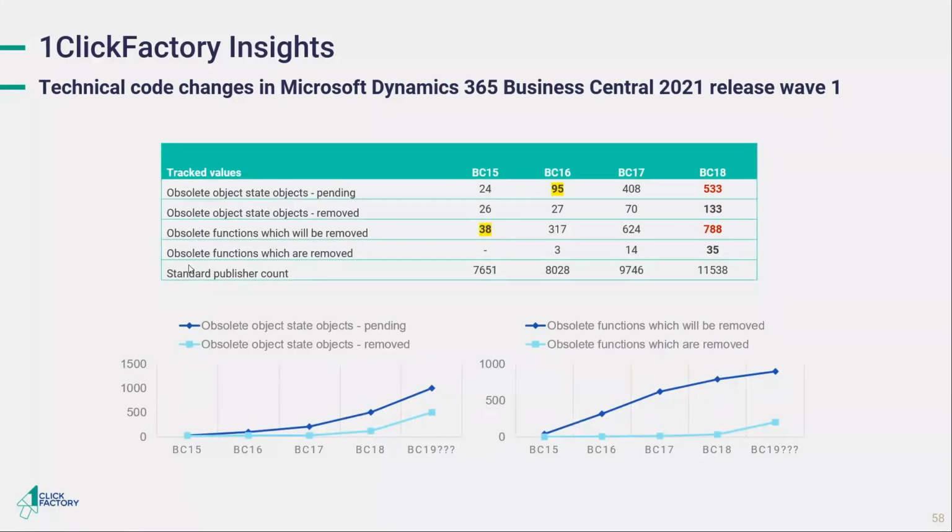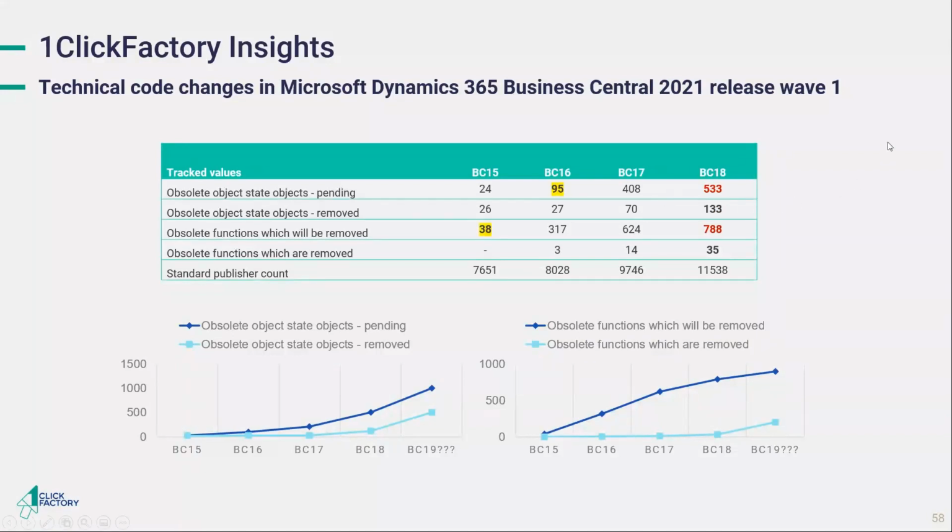And then one-click factory insights in the obsolete state pending and removed objects and functions. So what we see, the trend is what Microsoft has in the rules. Microsoft said that the current pending functionality will be left for 1 year, and then it would be removed.